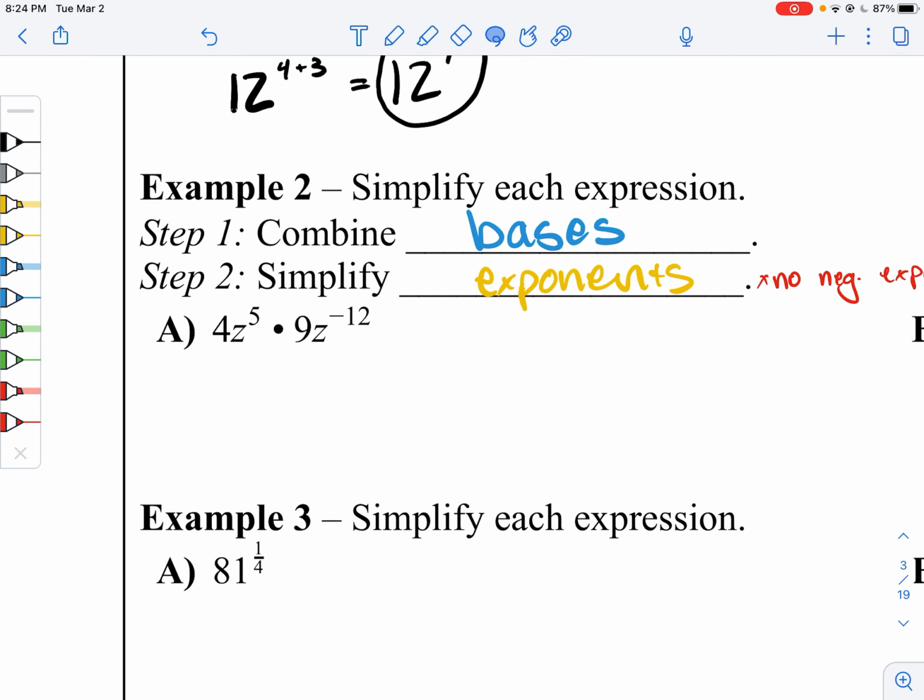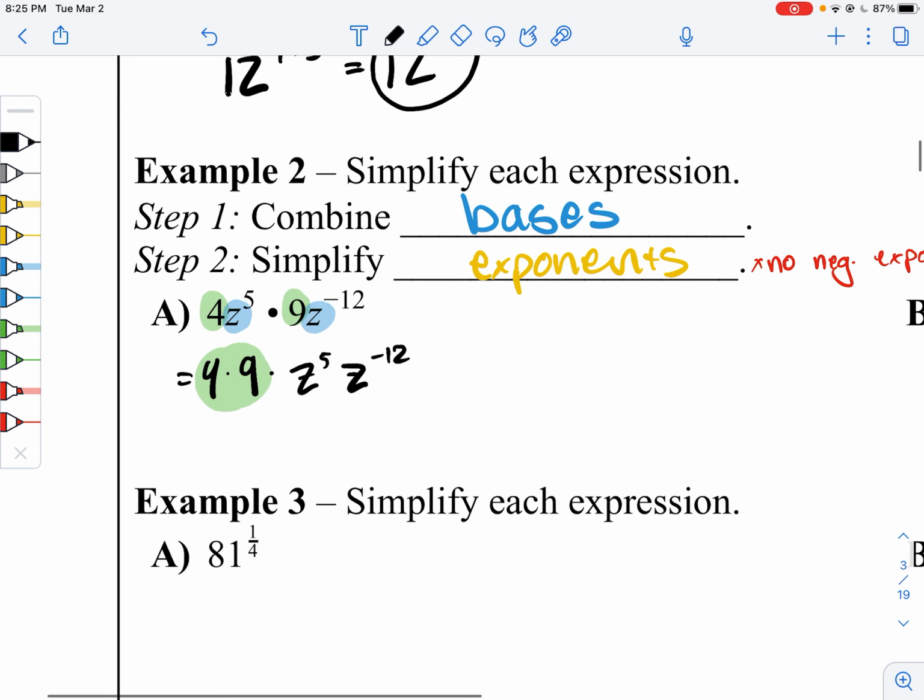Okay. So let's look here. What kinds of bases do we have? Well, we have 4 times 9, so I'm going to multiply them together first. We also have z's. 4 times 9 is one idea, and then z to the 5th and z to the negative 12th power. That's a whole other idea.